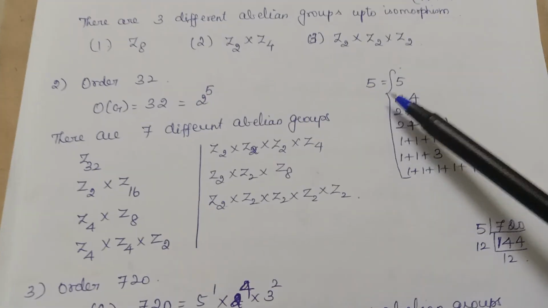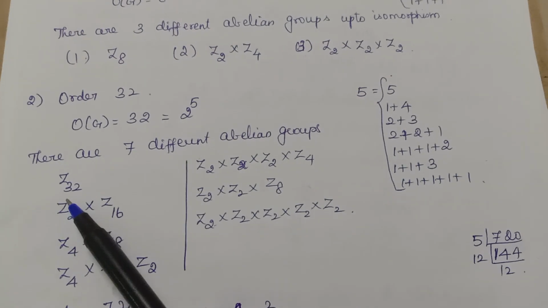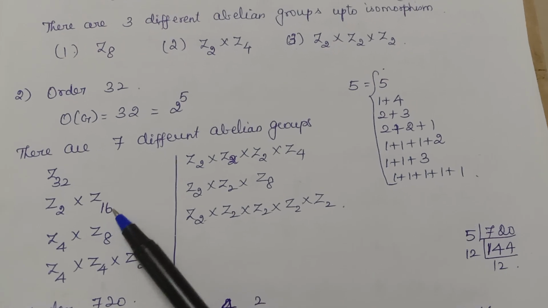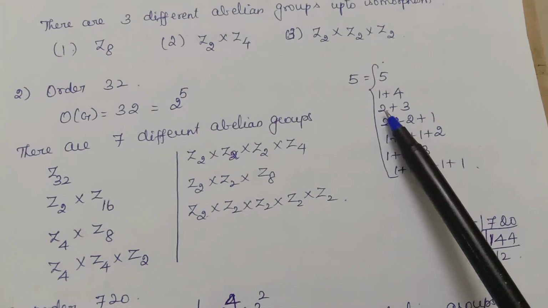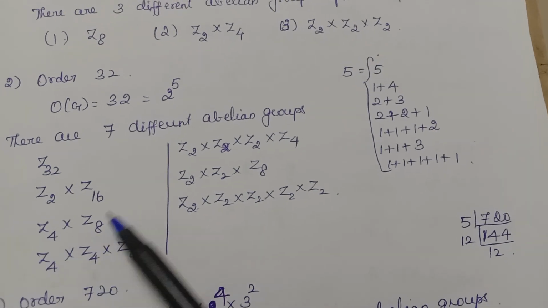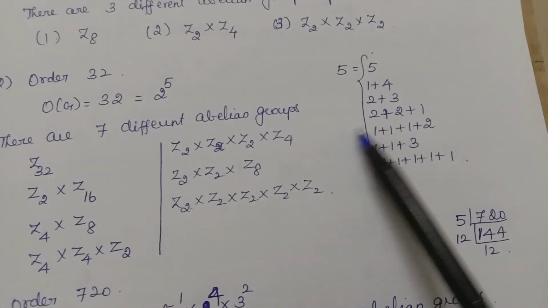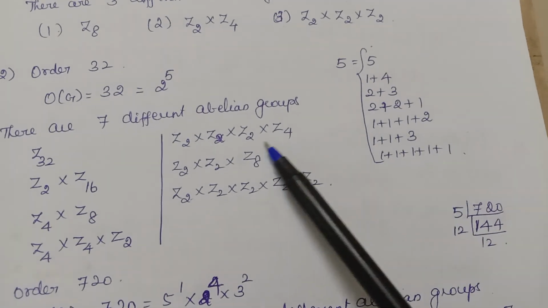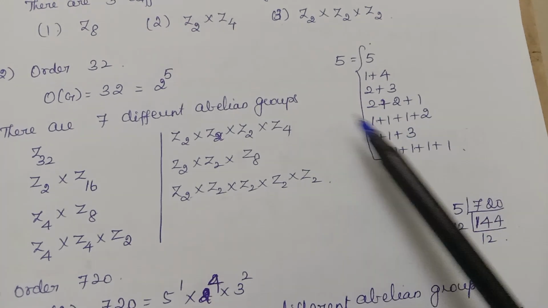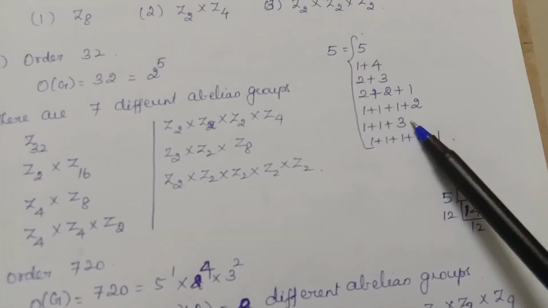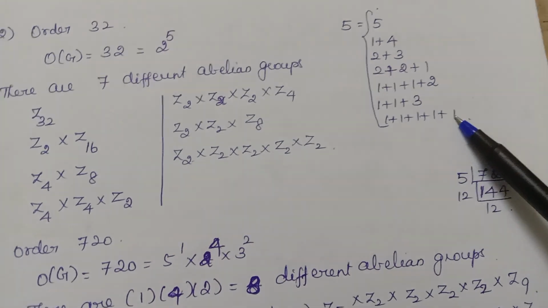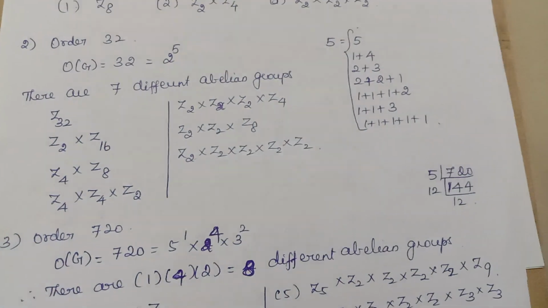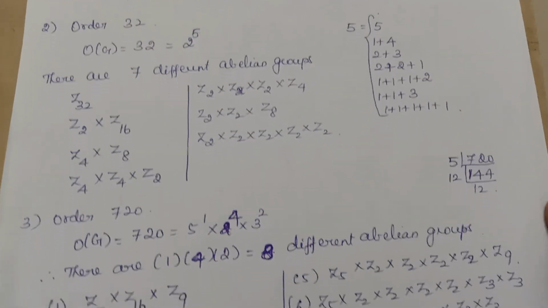The first corresponds to Z_32. The next corresponds to Z_2 cross Z_16. Then Z_4 cross Z_8, then Z_4 cross Z_4 cross Z_2, then Z_2 cross Z_2 cross Z_8, then Z_2 cross Z_2 cross Z_2 cross Z_4, and finally Z_2 five times. Okay. So these are the 7 different abelian groups up to isomorphism of order 32.